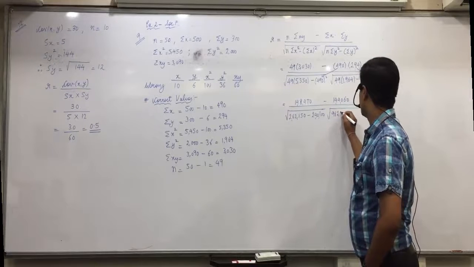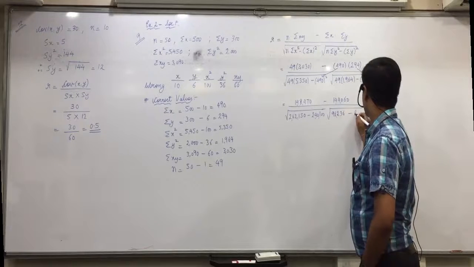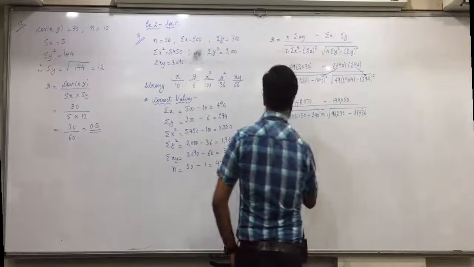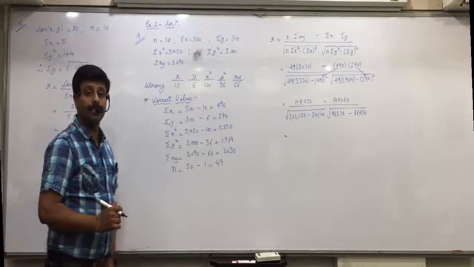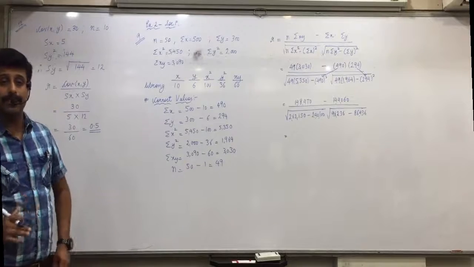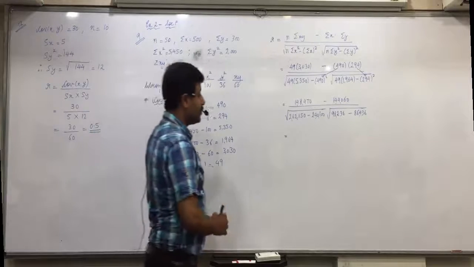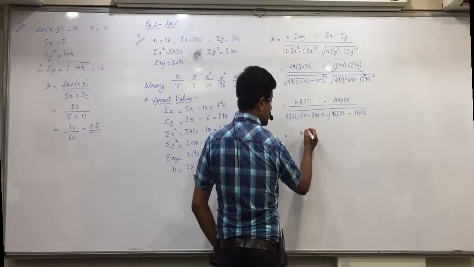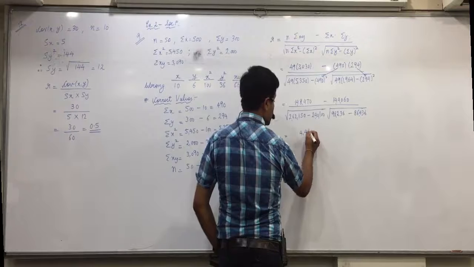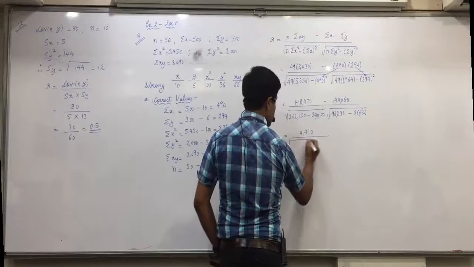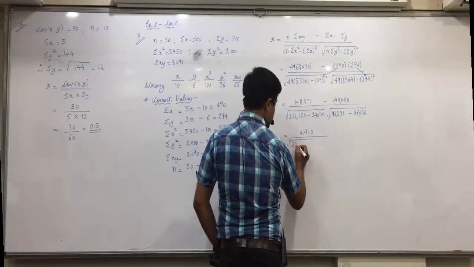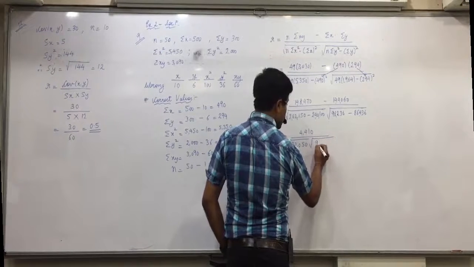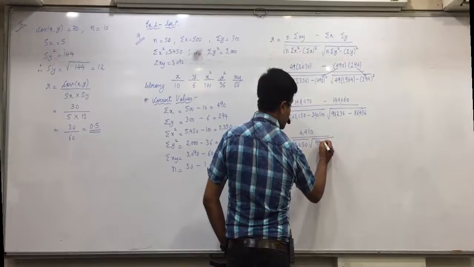Any confusions in this? All are clear up till here? Divya ji. 4410 divided by under root 22050 into 980.